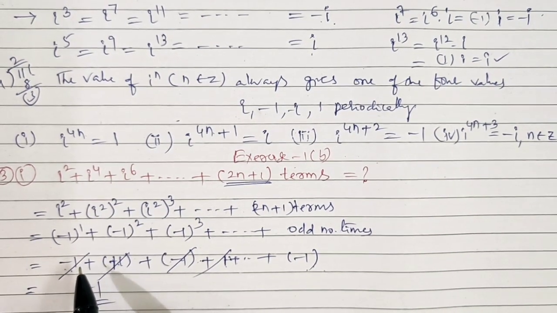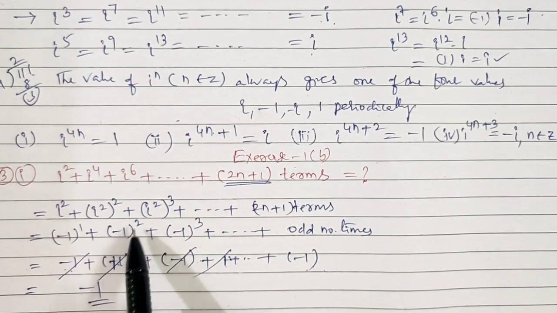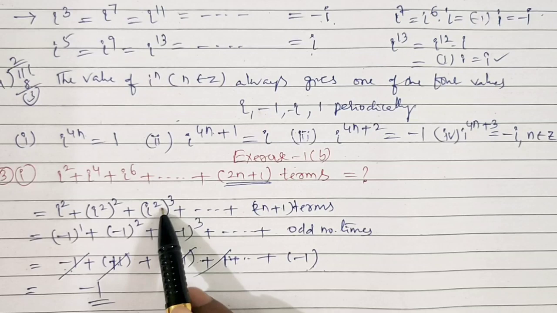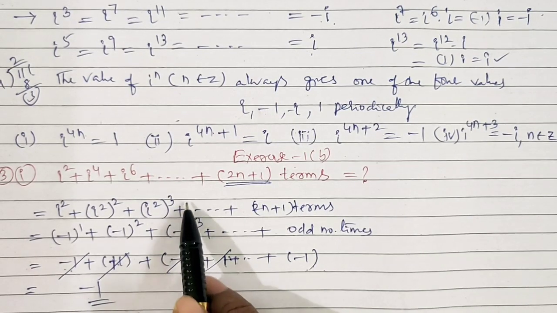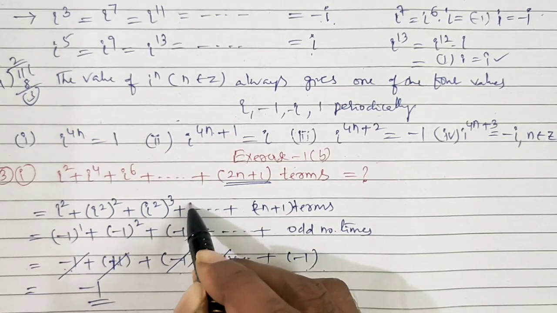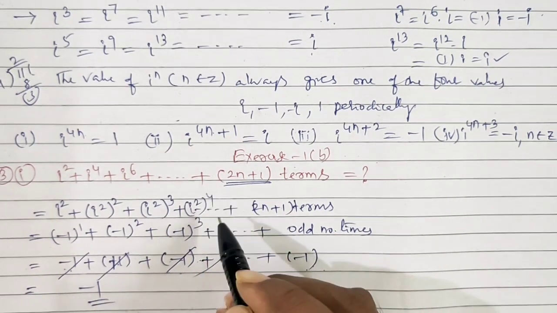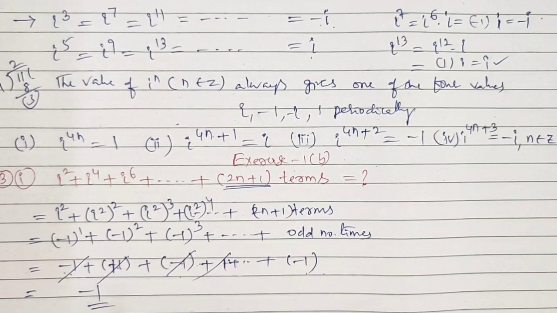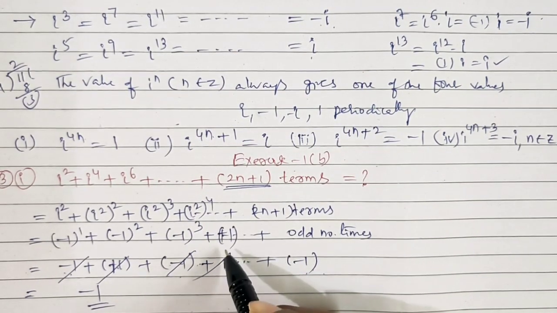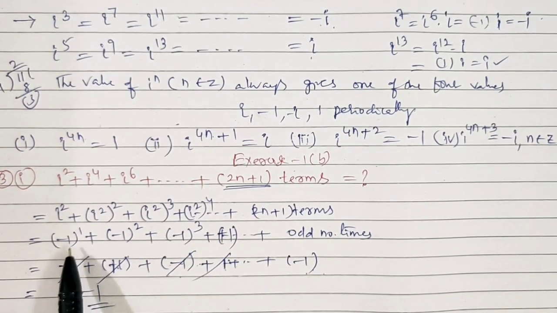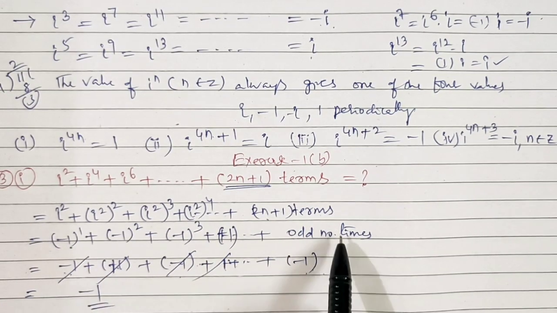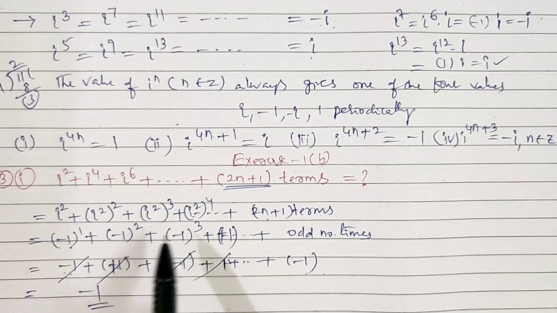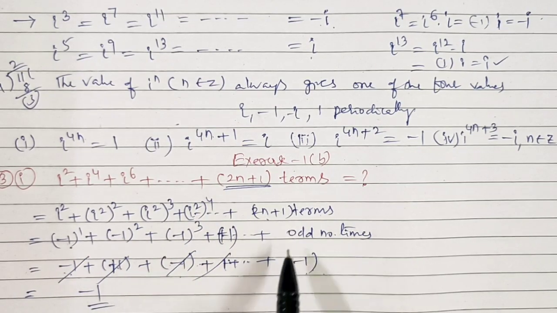I will explain again. Here i square value is minus 1, i square whole square value is minus 1 whole square, plus 1, i square whole cube value, that means i power 6, we get minus 1, plus if I take i power 8, that will be i square whole power 4, we get plus 1 itself. Here they have given 2n plus 1 terms, meaning an odd number of times you have to take. 1, 2, 3, 4, for an even number of terms we would have to take one more.